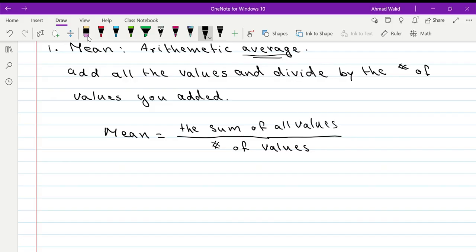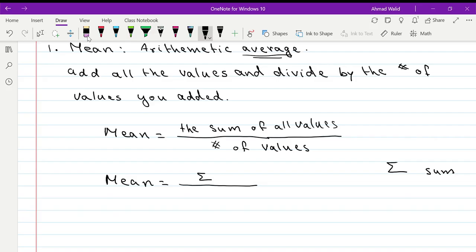Now, let's slowly change it to mathematical notation. Mean equals sum of values. We already know the sign. We explained it and used it before. Sigma means sum, correct? Then the sum of values.